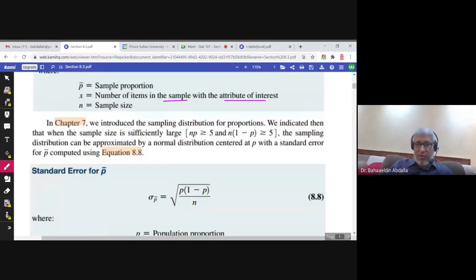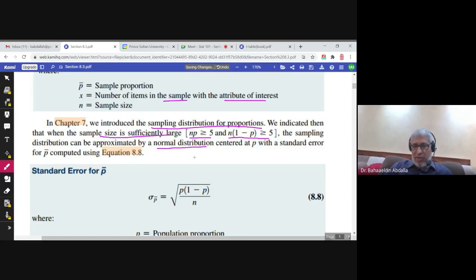In chapter 7, we introduced the sampling distribution for proportions. And we said that if sample size is large, if NP is greater than or equal to 5, and NQ is greater than or equal to 5, where Q is 1 minus P, then the sampling distribution can be approximated by the normal distribution.